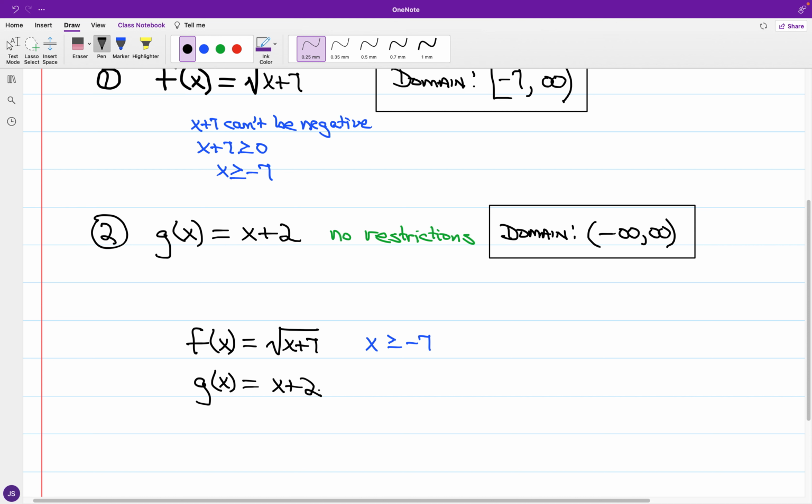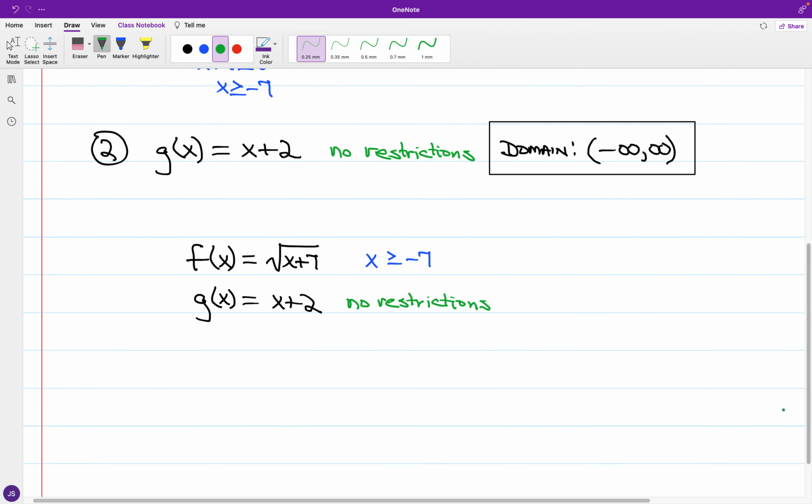And for g of x equal to x plus 2, again, no restrictions. And with the sum, the difference, and the product functions, those will have the same domain.